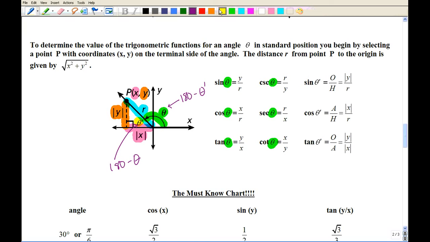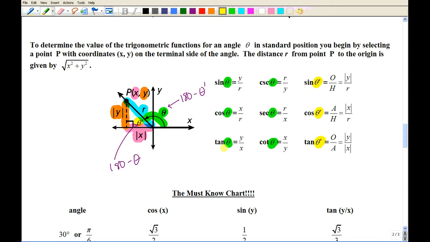So then if we are looking at these other equations over here, maybe these are a little bit easier to wrap your head around because it made a triangle. So the sine of theta prime is opposite over the hypotenuse, so that would be the absolute value of y over r. Cosine is adjacent over hypotenuse, so that would be the absolute value of x over r. And then tangent of theta prime is opposite over adjacent, so the absolute value of y over the absolute value of x.